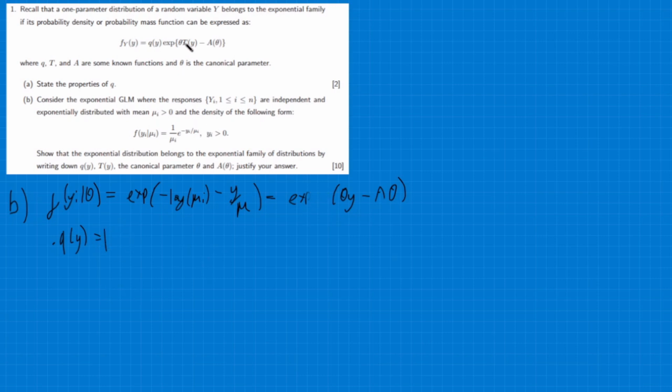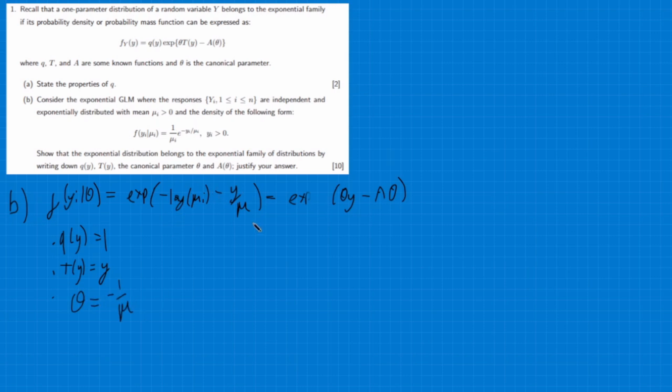We know that our t(y) here, which is before the theta, must equal just y. We know that theta, which is in both the a and the theta term, must be our canonical parameter, which is minus 1 over mu.